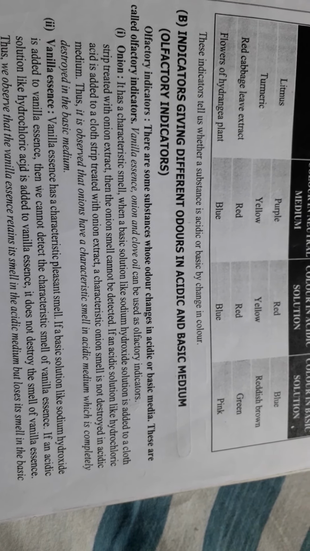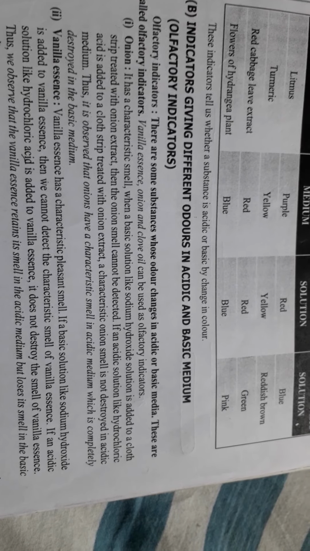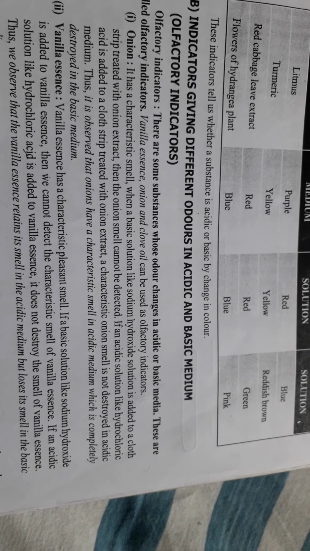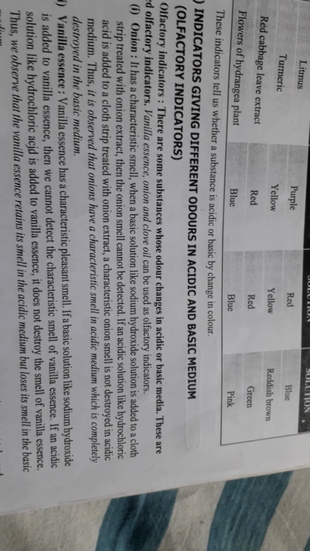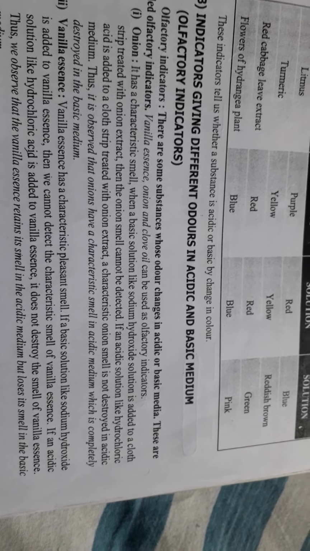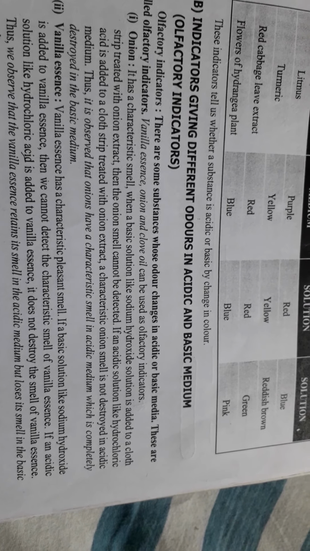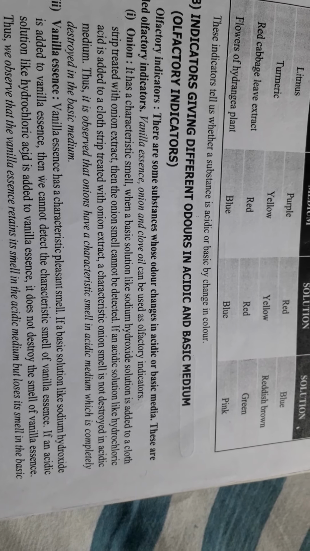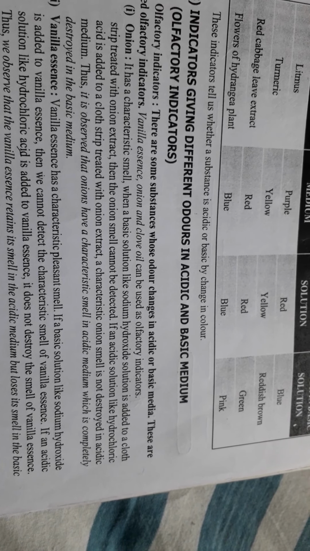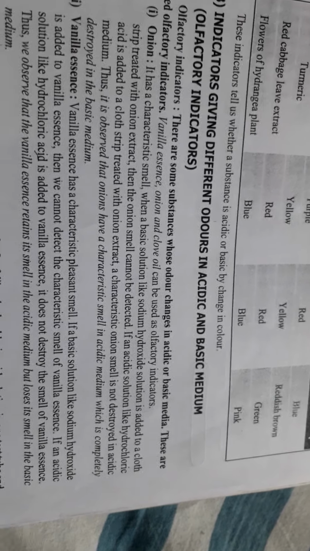Now, if you are putting HCl drops on the cloth treated with onion extract, the characteristic onion smell is not destroyed in acidic medium. So that means in basic medium the onion smell is destroyed, and in acidic medium the onion smell is not destroyed. Thus it is observed that onions have a characteristic smell in acidic medium which is completely destroyed in the basic medium.